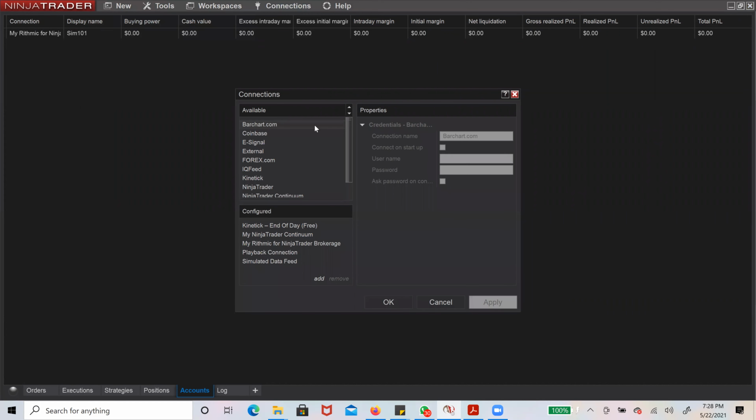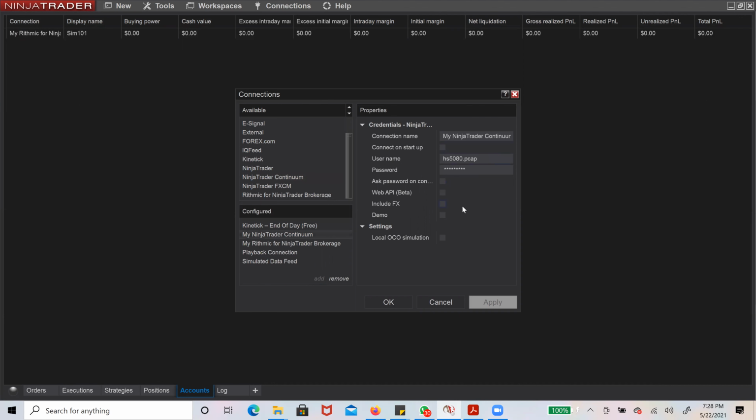When you click on Configure, you will be able to see all these platforms here. When you get an email saying you transferred the money, from the GTT or somewhere else, you click on NinjaTrader Continuum and add it here. It comes down here, and then it prompts you for the ID and password.